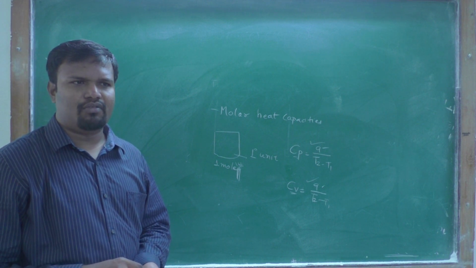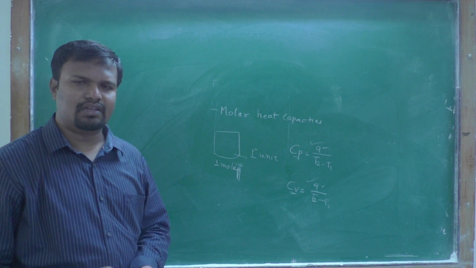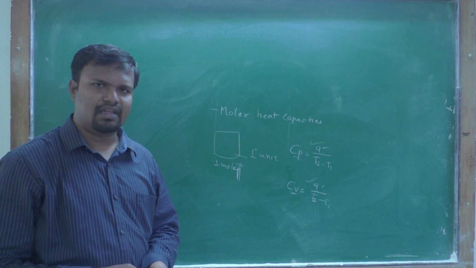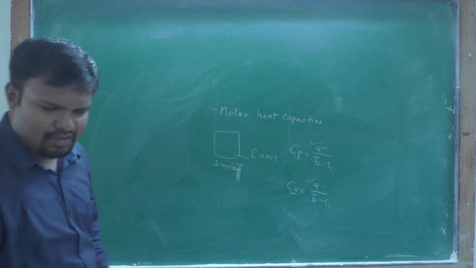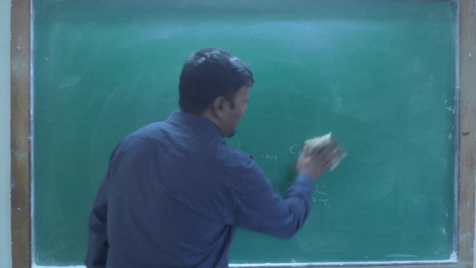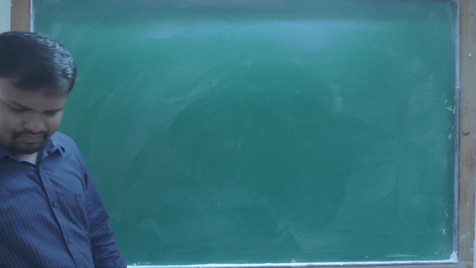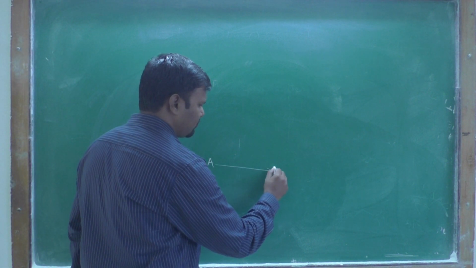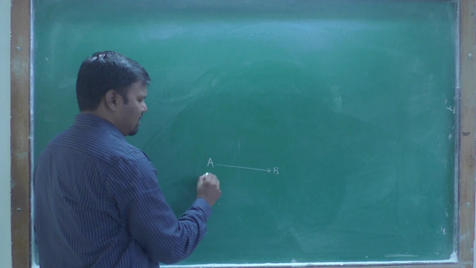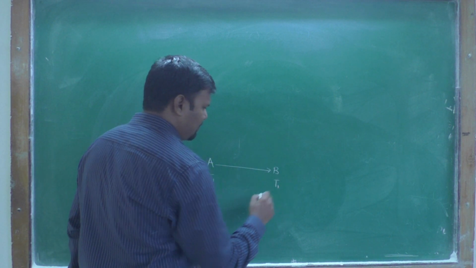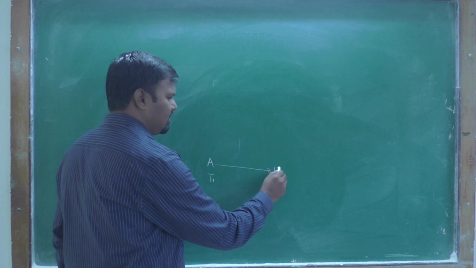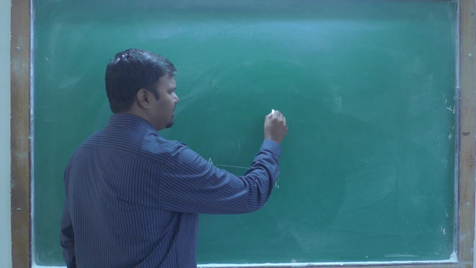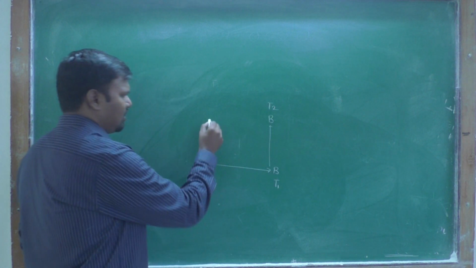Now we are performing a reaction. Our starting material A gives B by two different ways. In the first route, A gives B at the same temperature T1, and then this B absorbs energy and reaches temperature T2.